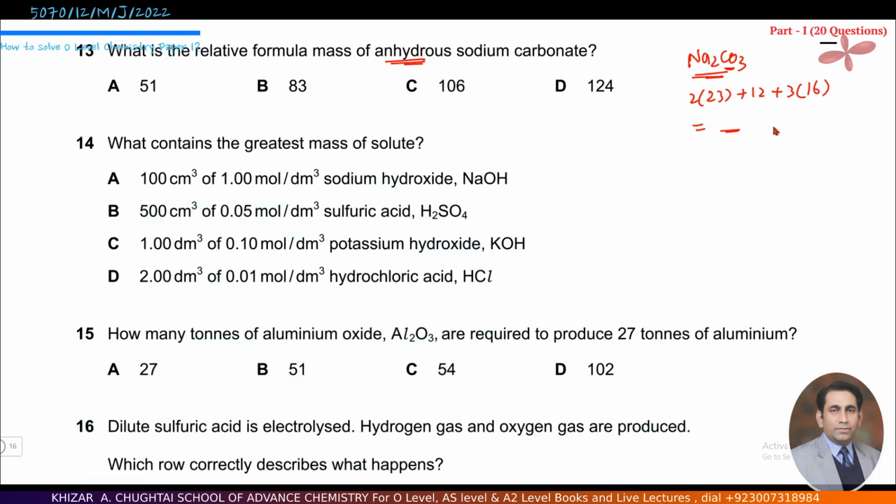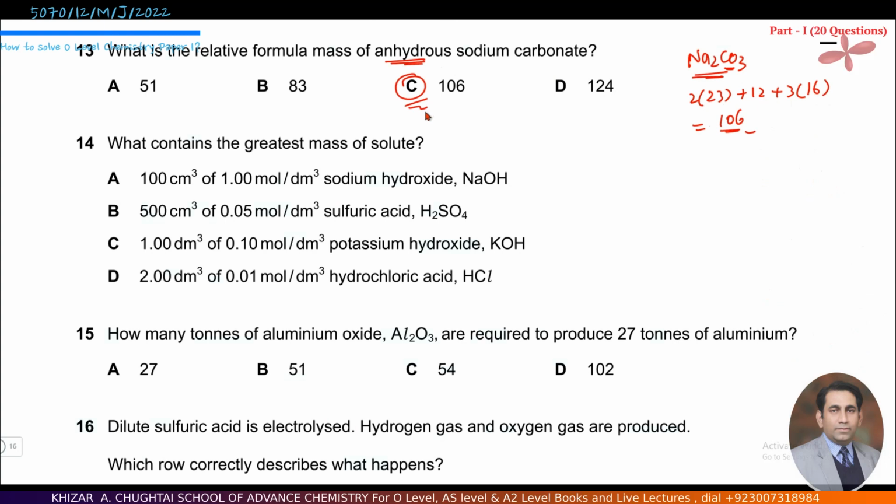So the overall answer, if I'm not wrong, is 106. So C is the correct option.